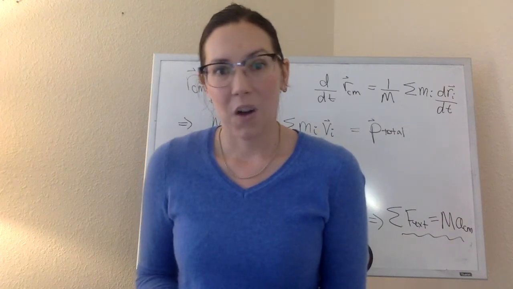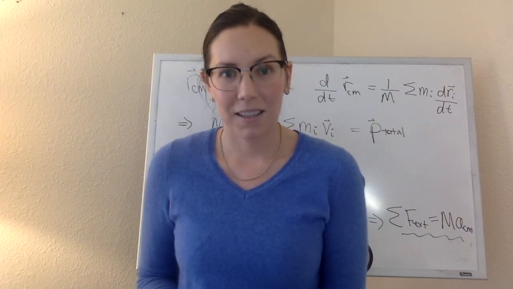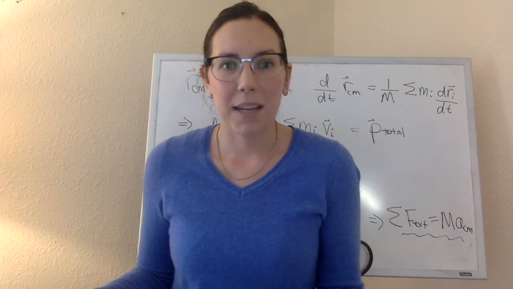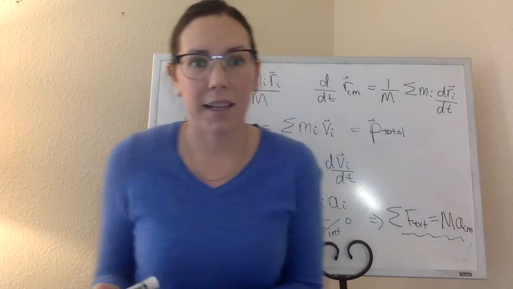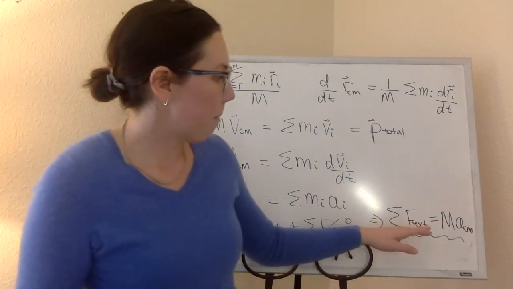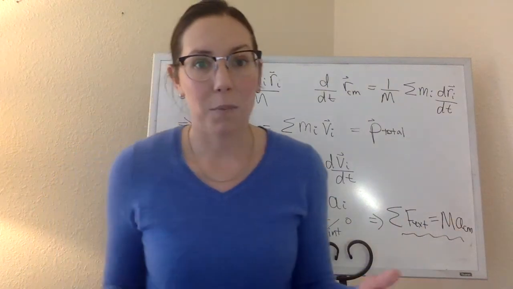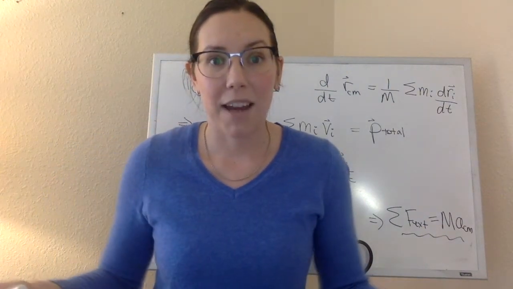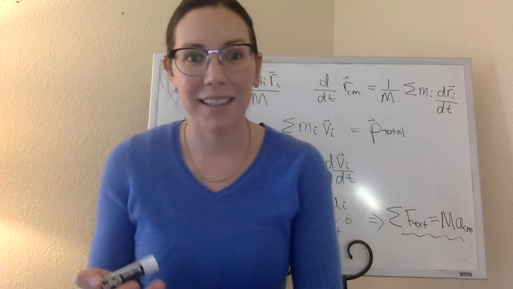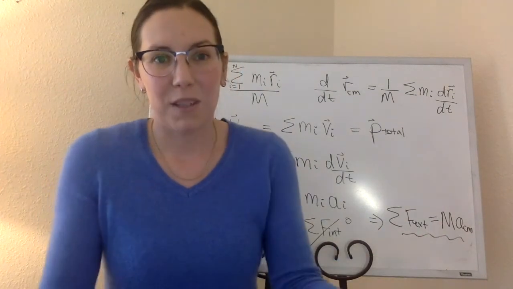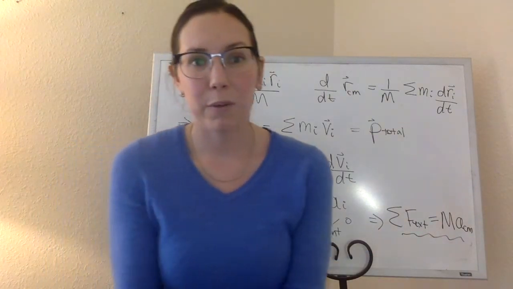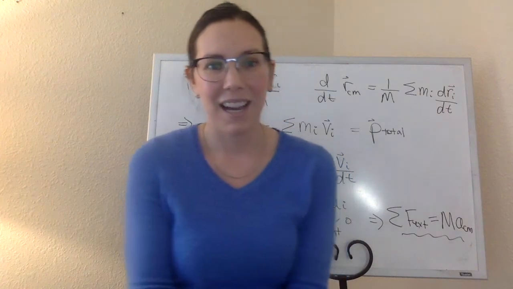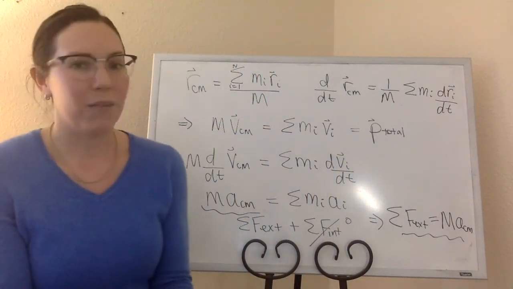So if there are no external forces acting on a system, rarely would we ever see that case on Earth, but in that case we would have the object at rest or moving at a constant velocity. And if that external net force is balanced, if the sum adds to 0, which is the more likely case, that's what we have. Newton's first law, the object is at rest or moving at a constant velocity.